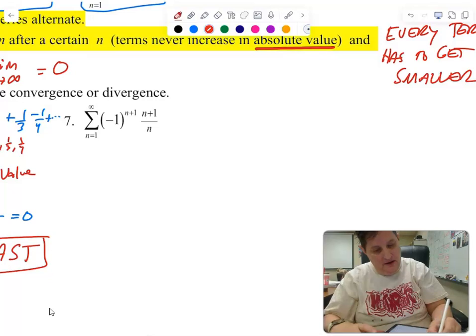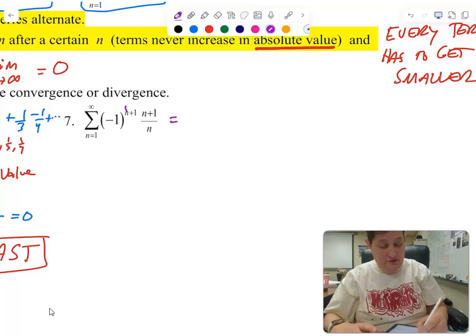We have alternating and n plus 1 over n. Let me list out a few terms again so I can see it. If n is 1, the first term is positive 2 over 1. If n is 2, the next term is negative 1 to the third, so it's negative 3 over 2. Positive 4 over 3.